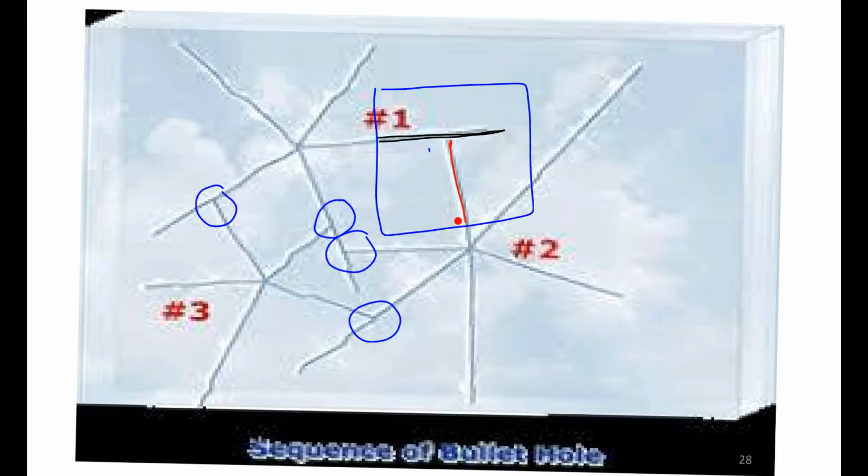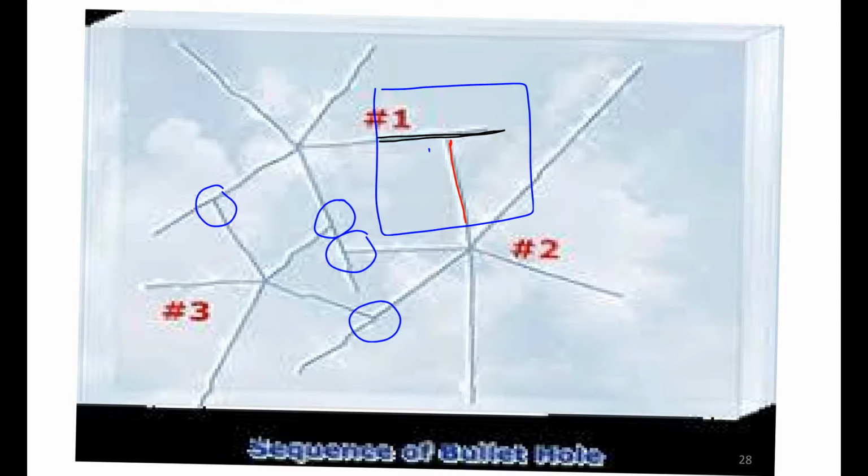Once I can figure out which line was there first, I will then trace backwards to where that original entrance point was, and that tells me that this particular shot came before this shot. So that's how I know that this one is number 1.